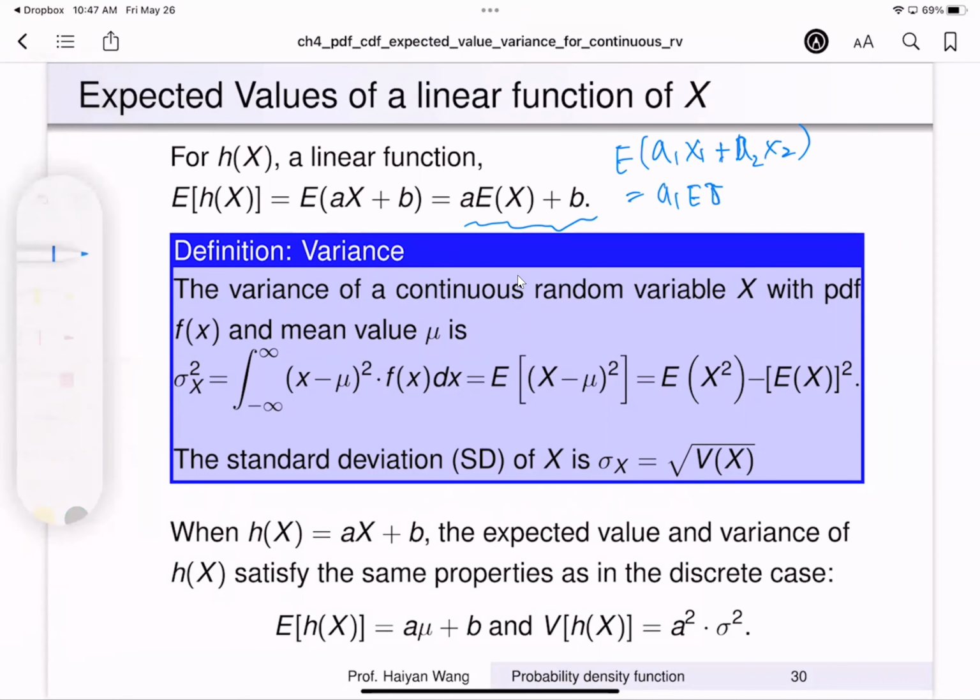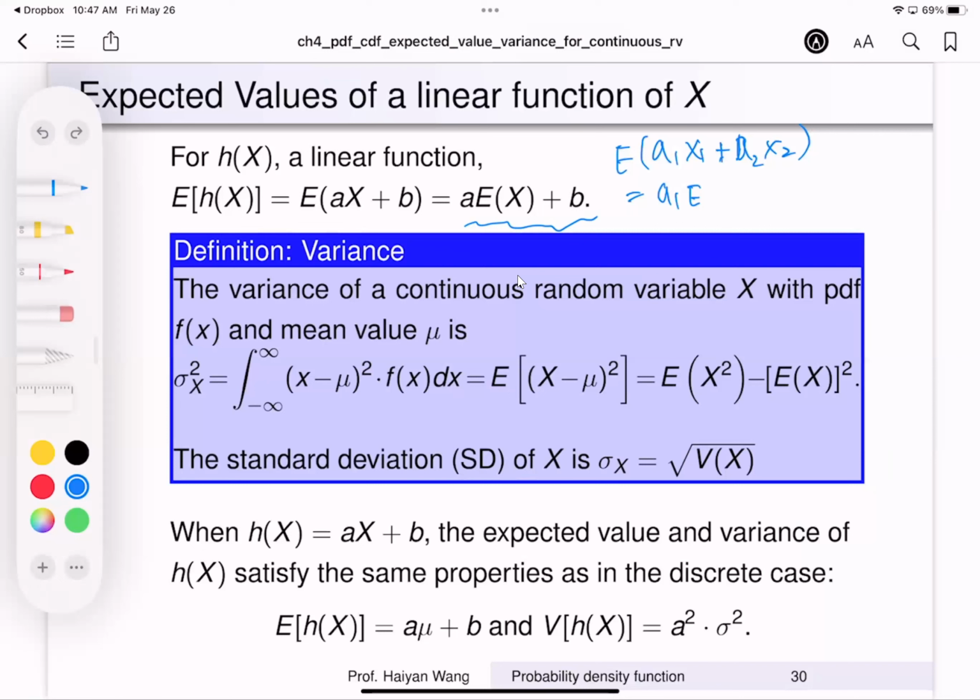So you will have a1 times the expected value of x1, plus the constant a2 times the expected value of x2. So this also says the same thing: the expected value of a linear function becomes the linear function of the expected values. This is a very important property. Later on, we will use that pretty frequently.